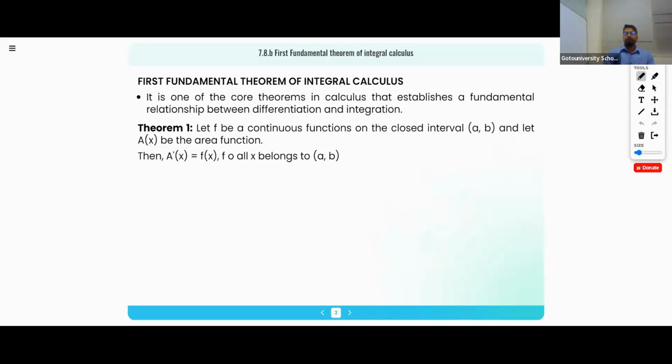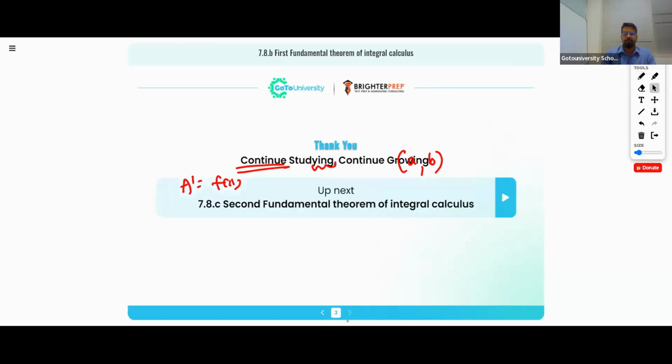What is meant by the closed interval? We have a and b included in that. Let A(x) be the area. Then A'(x) = f(x) for all x that belong to this region. So this is the theorem. Just remember this theorem statement.